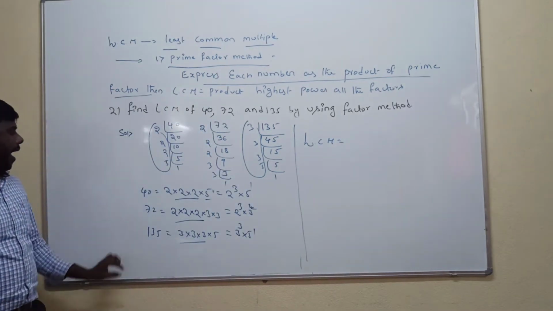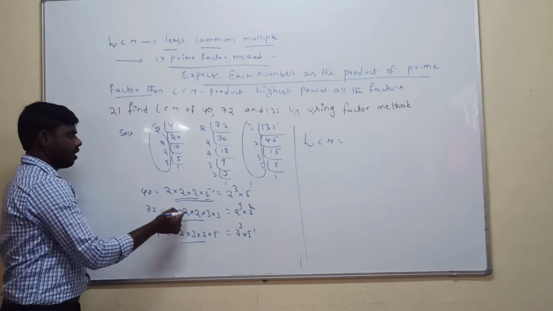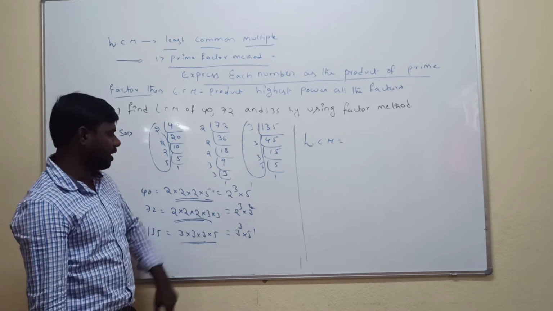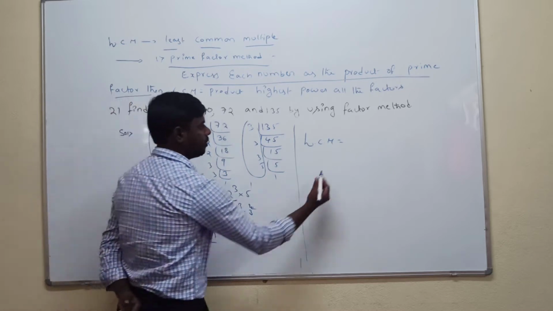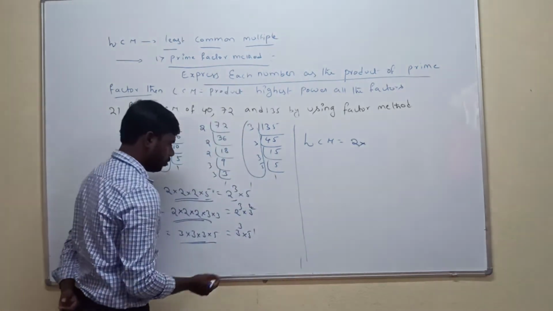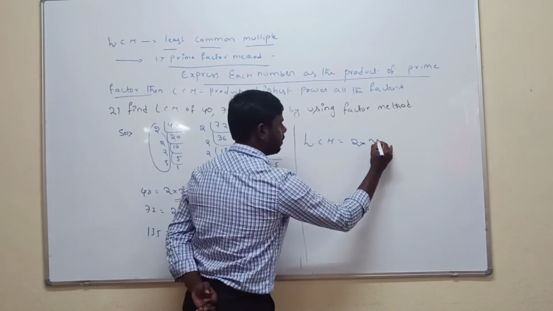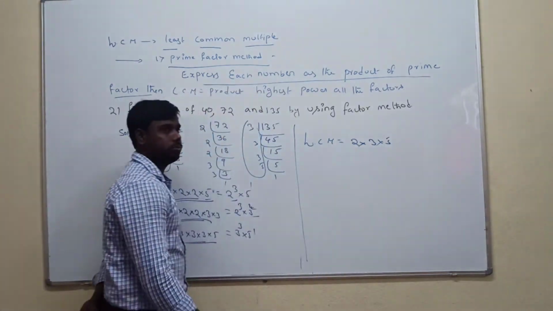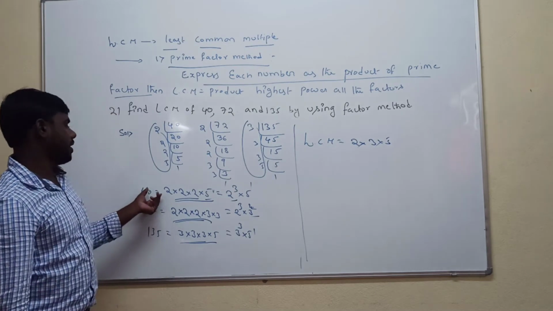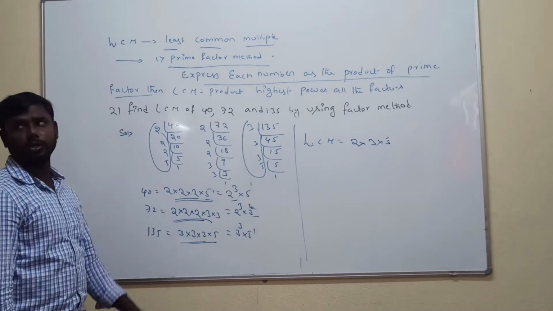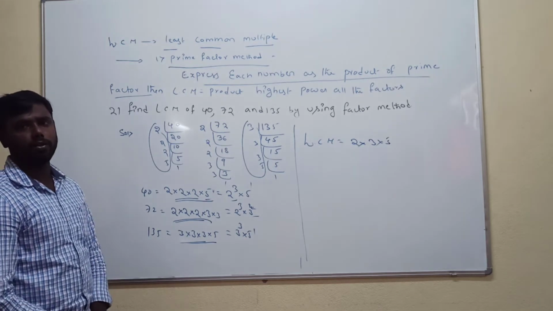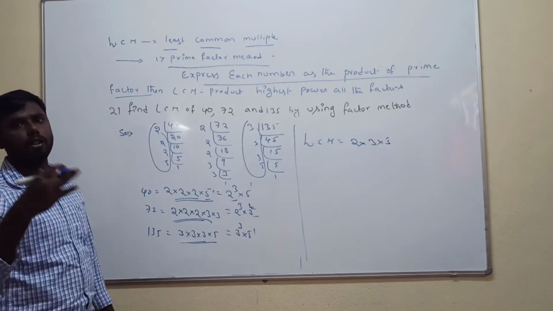So now express each number as the product of the prime factors. Then LCM is equal to the product of the highest power of all the factors.